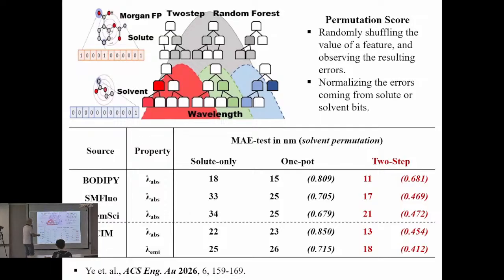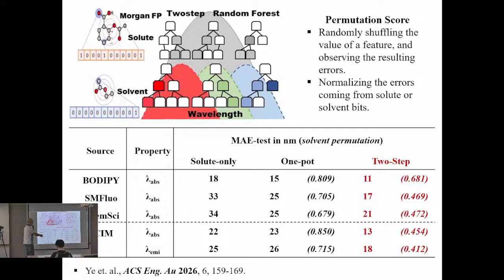Traditionally, if you do this problem with everything together, the solute and solvent fingerprints together, just in one random forest at once, you hope the random forest picks the right splitting to do a good prediction. That's your permutation error, which truly depends on the solvent contribution.